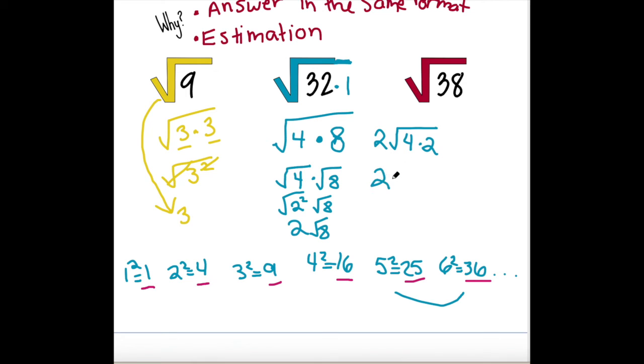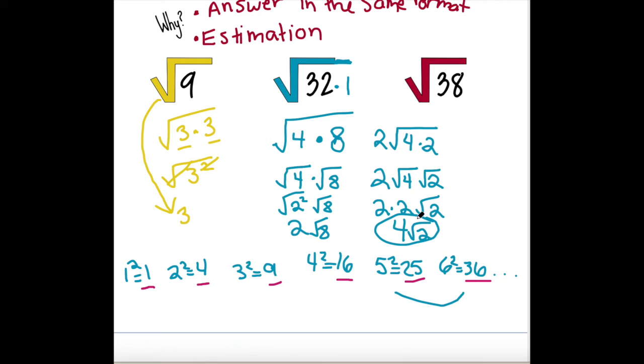We go ahead and repeat our process by breaking apart our square roots. The square root of 4 is 2, and the square root of 2 is an irrational number, so we leave it underneath our square root. Our final step is to multiply the two numbers that are in front of our square root, which is 4 square root of 2. Now our square root has been simplified.